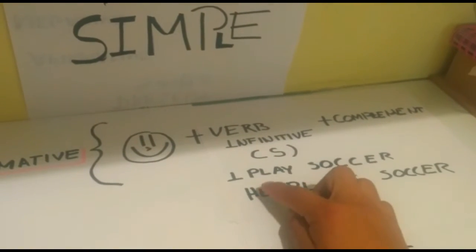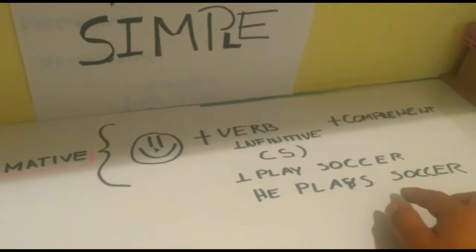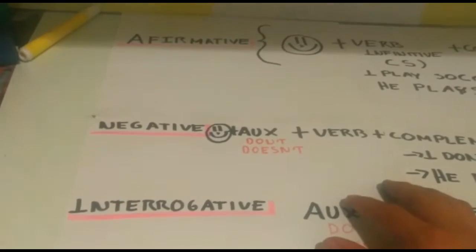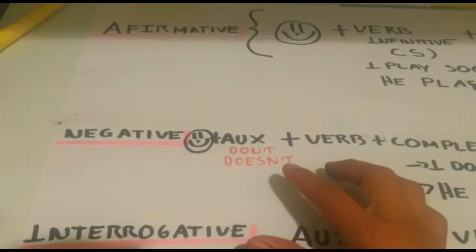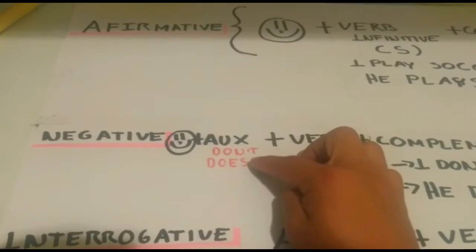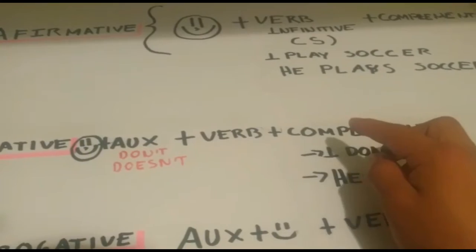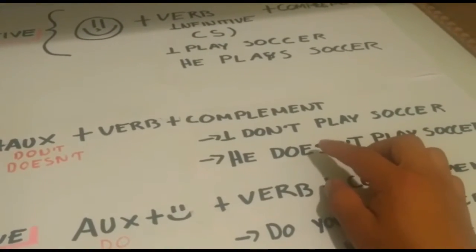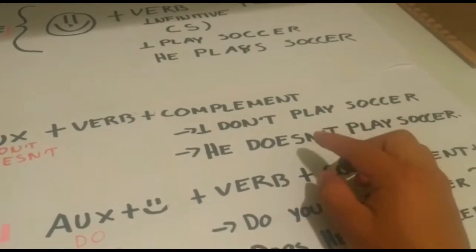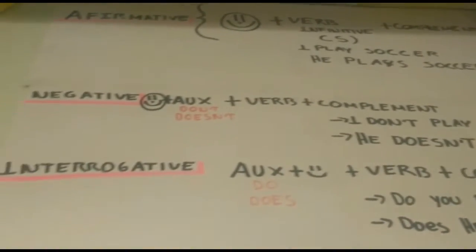For example, I play soccer or he plays soccer for third person. In the negative form, we use the subject after auxiliary don't or doesn't and verb and complement. For example, I don't play soccer. For third person is he doesn't play soccer.